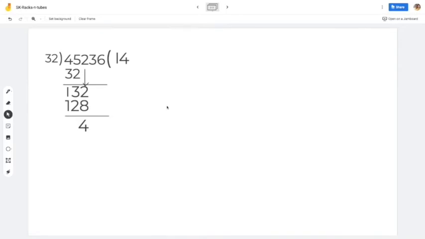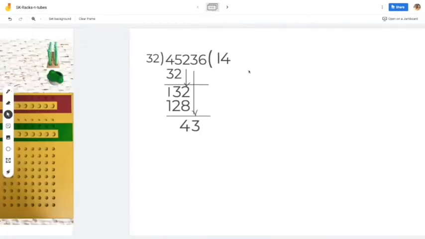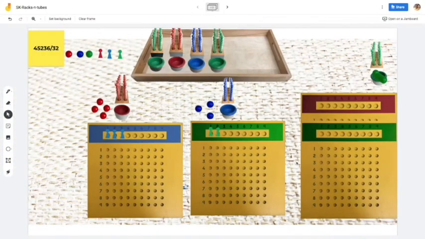So here also we bring the 3 tens down and write it down. Now we go back and start distributing the beads on the boards.